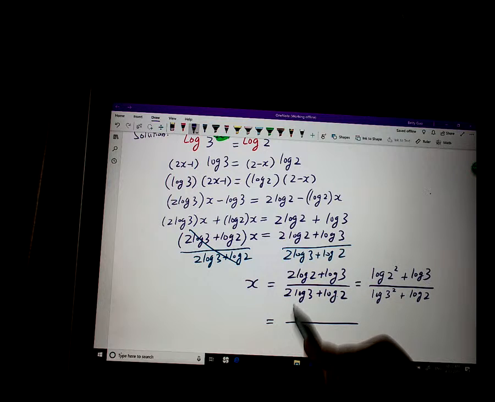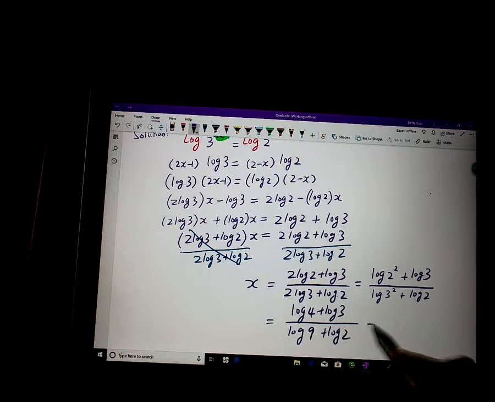So now we have log 4 plus log 3 on the top and log 9 plus log 2 on the bottom. By the product rule, in the numerator we add those 2 logarithms together. We have a common logarithm of 12. Yes, you multiply 4 and 3 together. 4 times 3 equals 12.